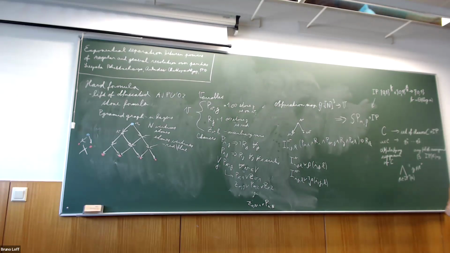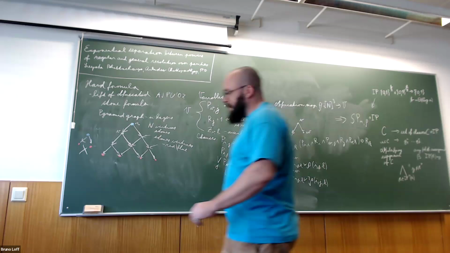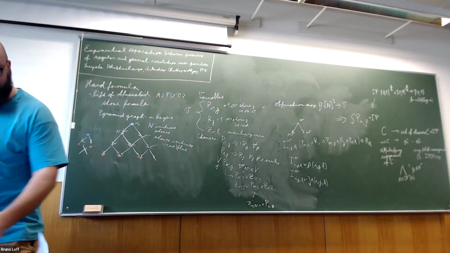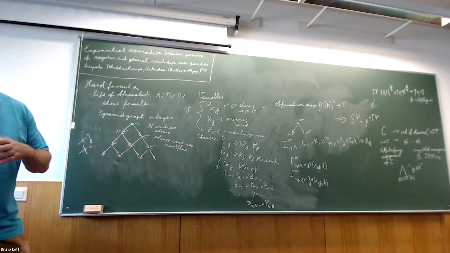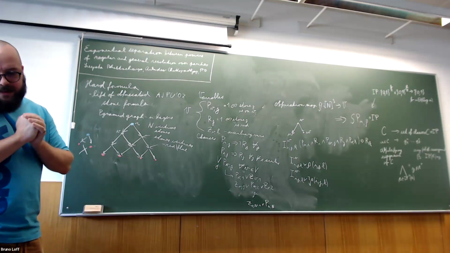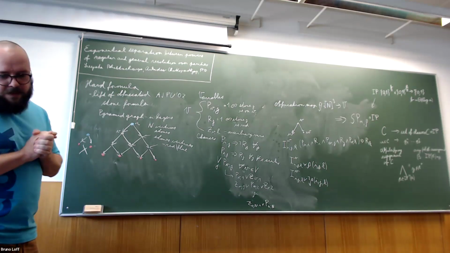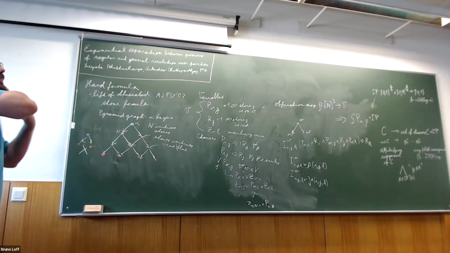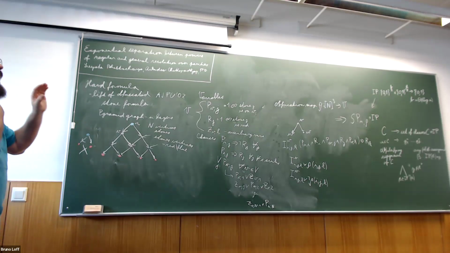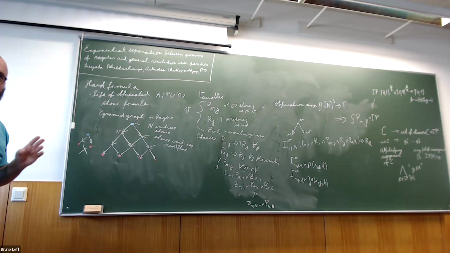Okay, so this is the hard thing. Somehow, a few words on why this formula is easy for standard resolution. The main work is about the lower bound, why it provides the separation.